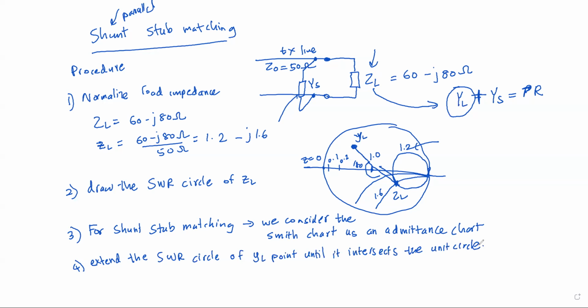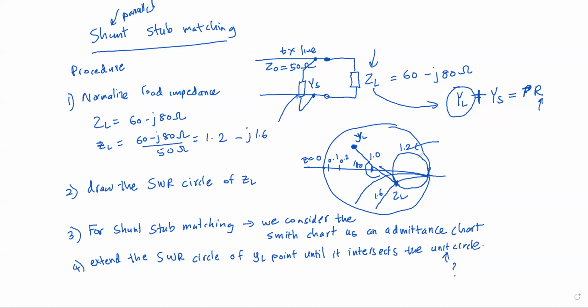Right? So why are we taking the unit circle? You will ask, why are you taking the unit circle, right? Now we are trying to match the transmission line to the impedance. We are trying to bring the impedance value to a real value, right? The real value we can gain by moving as much as possible towards the unit circle.